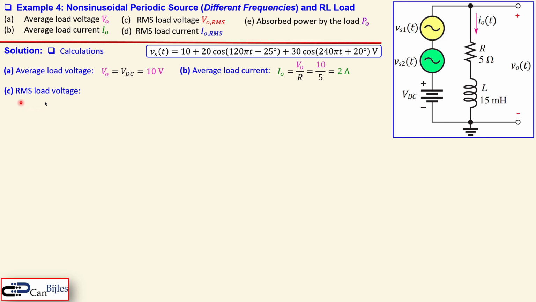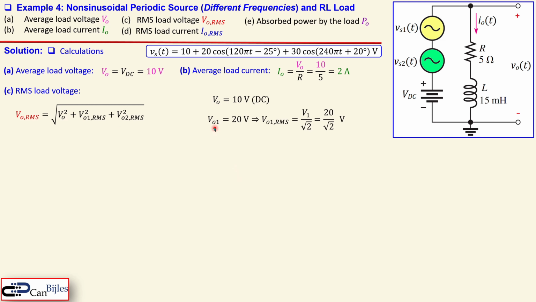Now question C, that's the RMS load voltage. Again, that's the summation of these squared parts in the square root. And we know that we have the average load voltage of 10, and now we need to find these two parameters. Now you look at the 10, 20 and 30. Can we do that right away? Yes, because these are two different frequencies. Now we know that V0 was the load voltage, the average load was 10 volts. And V01 is 20, looking at that one as amplitude.